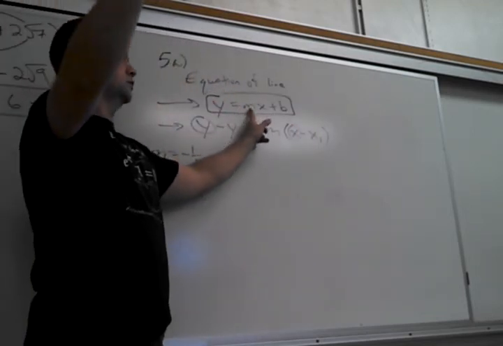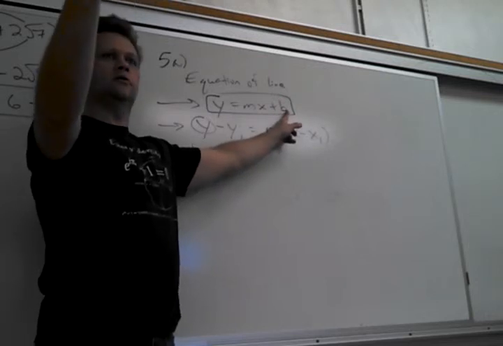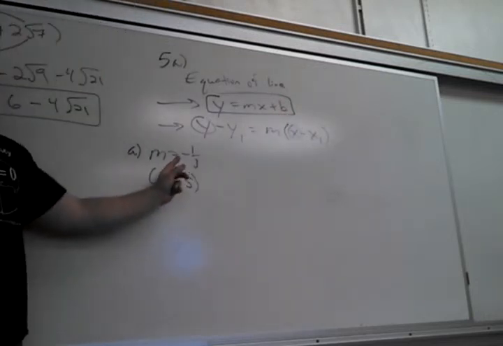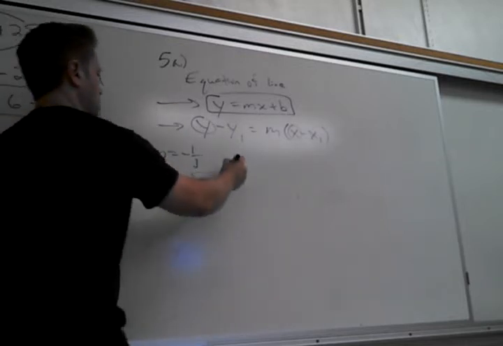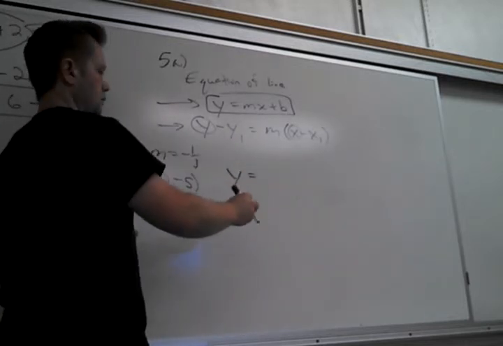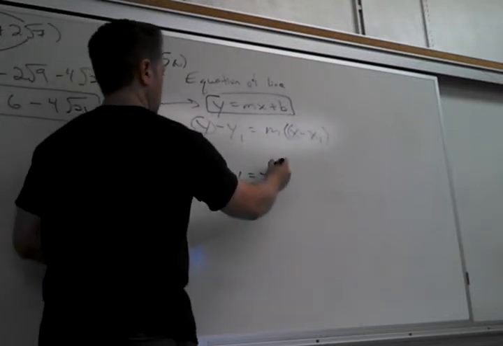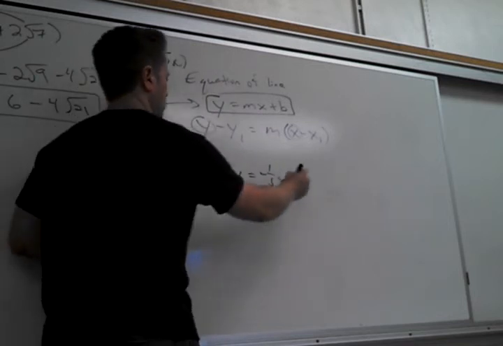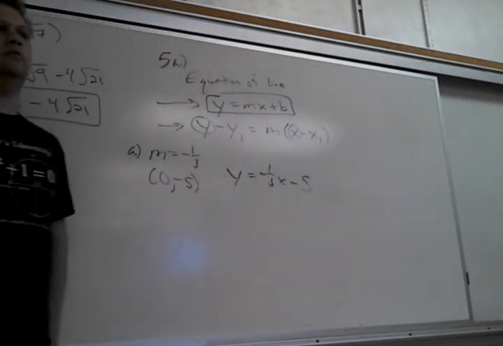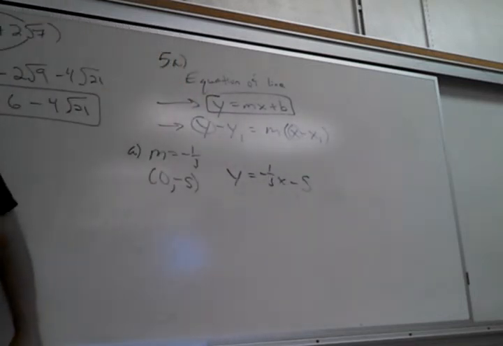Slope, y-intercept. What do I know? Slope. So what's the equation of the line? Y equals negative 1/3 x plus negative 5. So just minus 5. And you're done. It's just a plug and chug then. It's just to realize that you have everything you need.